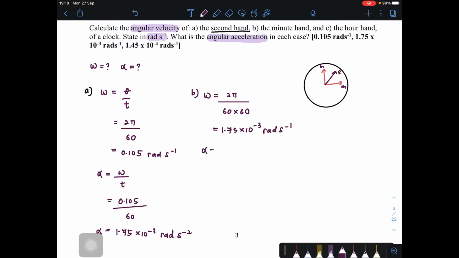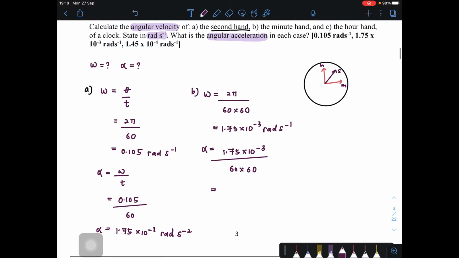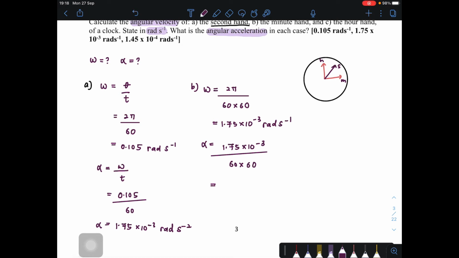And then alpha is omega divided by t. So omega divided by t, t pun sama juga, 60 times 60. And then you will get 4.86 exponent negative 7 radian per second squared.